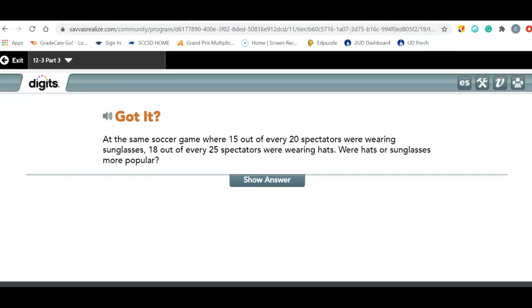Were hats or sunglasses more popular? I want you to solve that showing some work. Once you've done that, raise your hand. I will check your work, then you can start on your homework. You will have finished it today within 5 minutes. But if you didn't start on your homework, make sure you are showing your work.